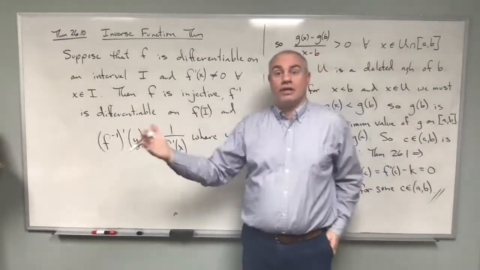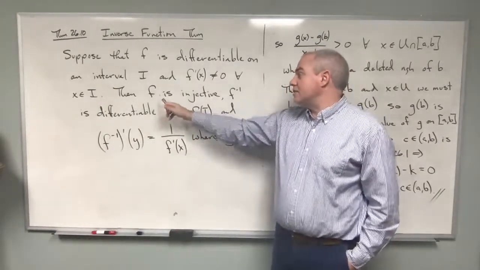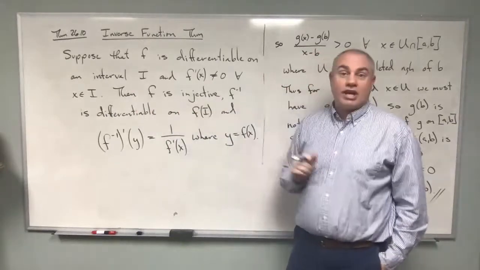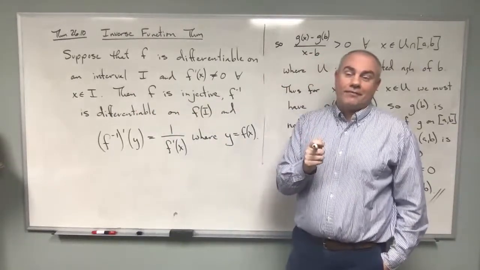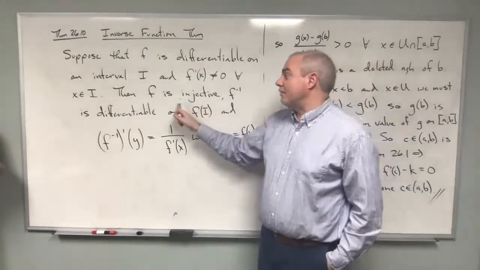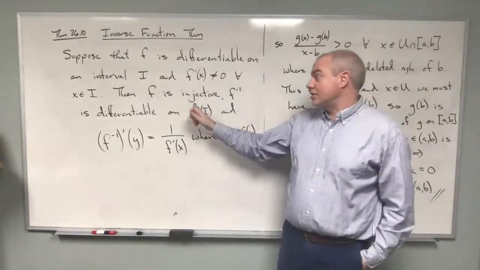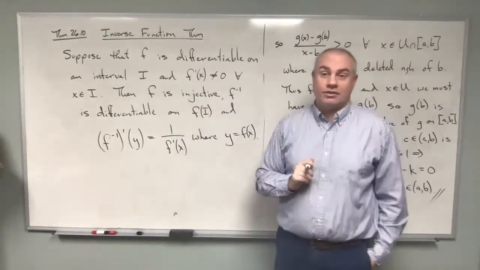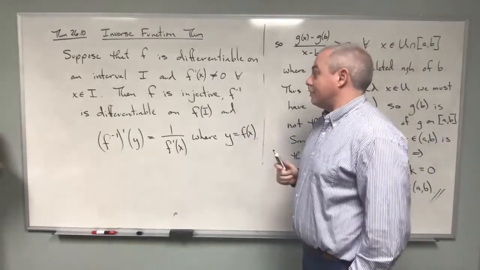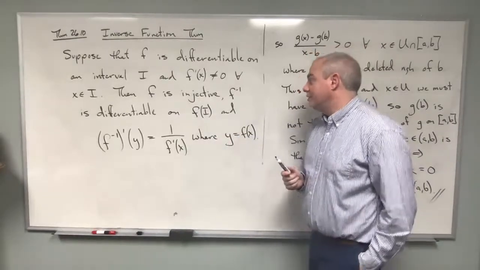Then it's either strictly increasing or strictly decreasing, which means it must be injective. I'll let you think about that for a second. It's fairly straightforward that strictly increasing and strictly decreasing functions have to be injective. Then it says that the f inverse function is differentiable on f of I.